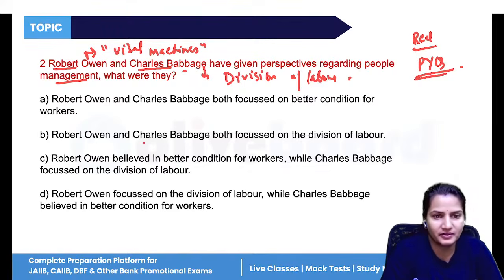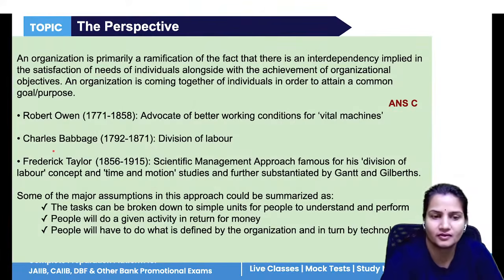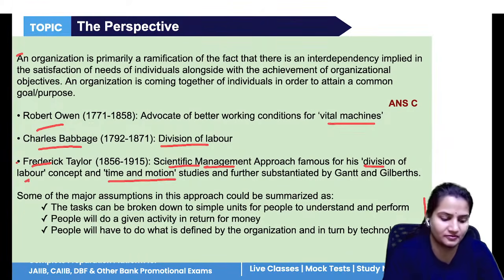So Robert Owen believed in better working conditions for workers, while Charles Babbage focused on the division of labor. Then Frederick Winslow Taylor gave two concepts: the scientific management approach and labor and motion studies. And these are the assumptions of F.W. Taylor.